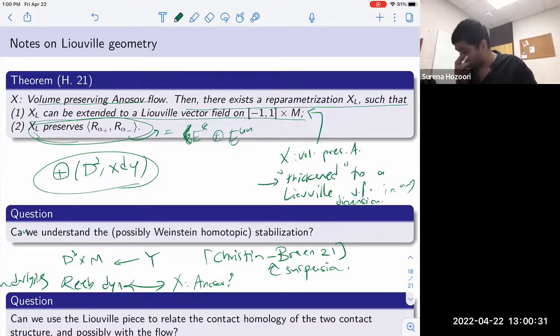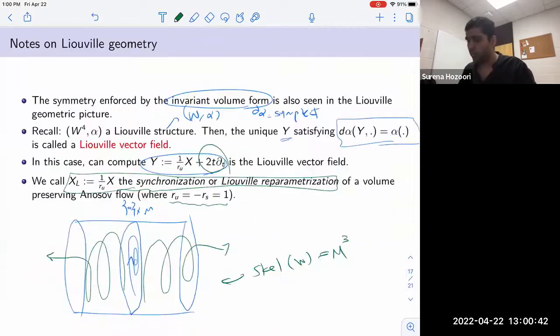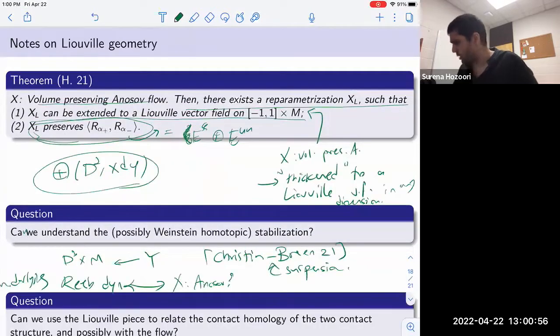Again, just to put some question here, just trying to understand this Liouville piece, the holomorphic curves inside this Liouville piece, and how we can use these holomorphic curves to relate the contact homology on these two boundary components. Again, we can make many questions about that.